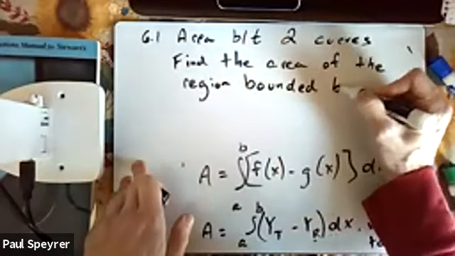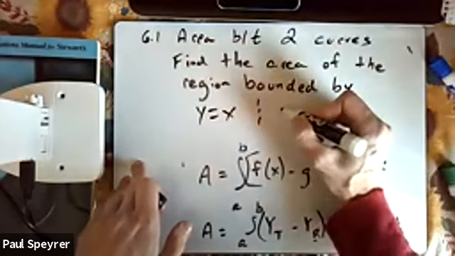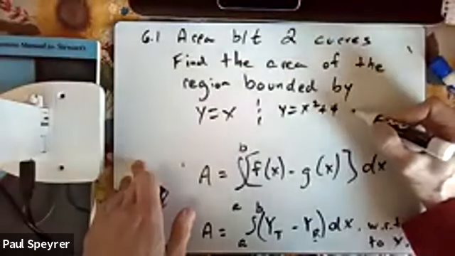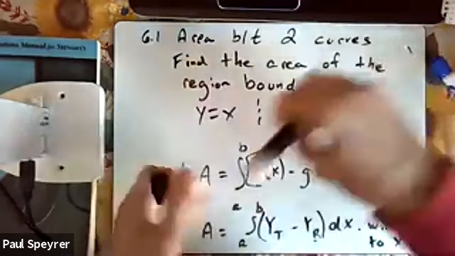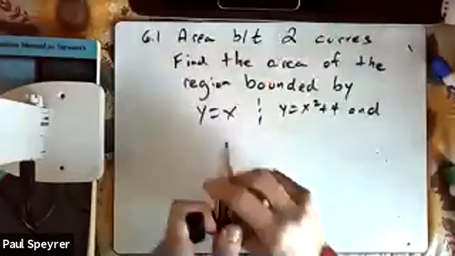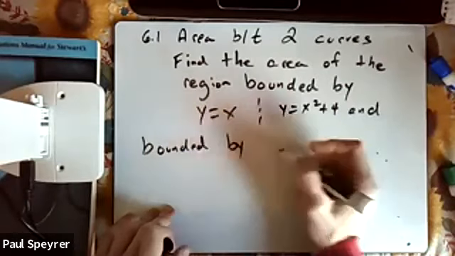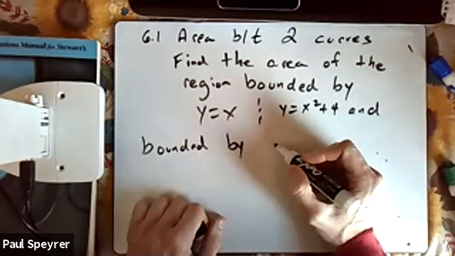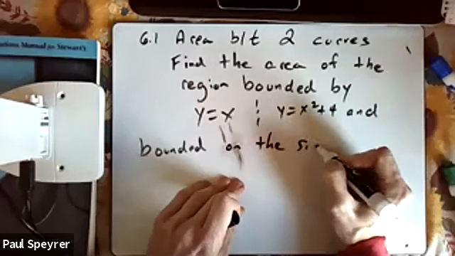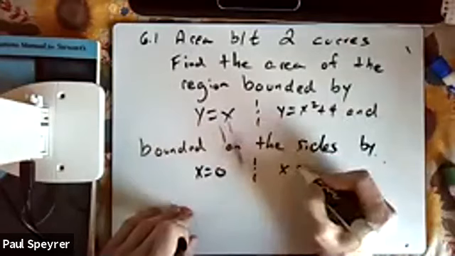Bounded by, let's just say, y equals x and y equals x squared plus 4, and bounded on the sides by x equals 0 and x equals 3.